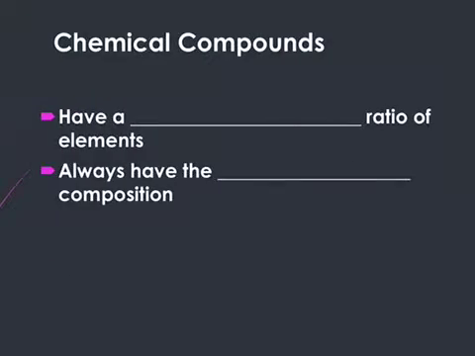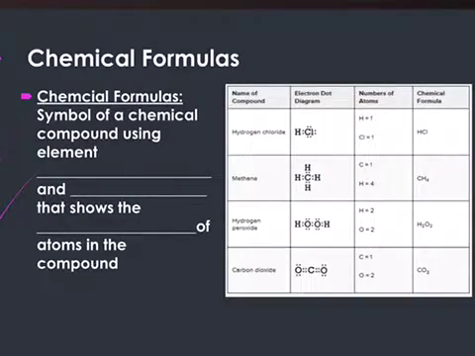So all of this creates chemical compounds. They have the same or fixed ratio of elements, and they will always have the same composition. So I think we've talked about that quite a bit, in that water always has the composition H2O. It will never change from that. So we have to look at the chemical formulas.